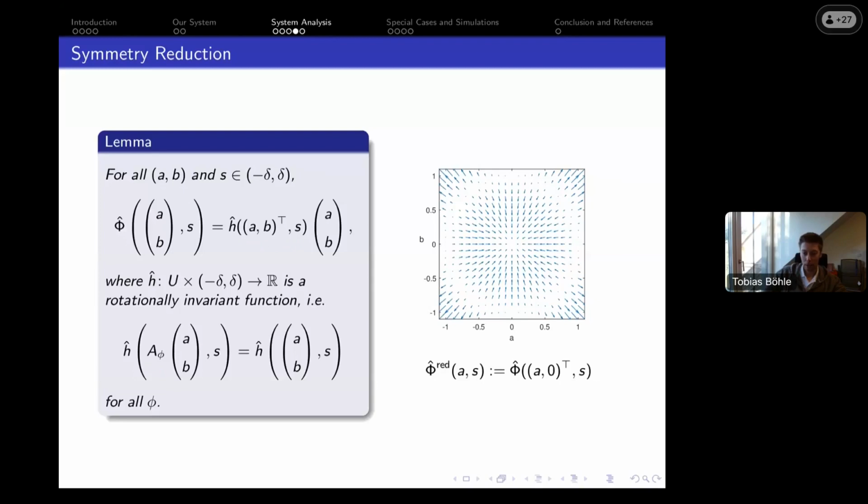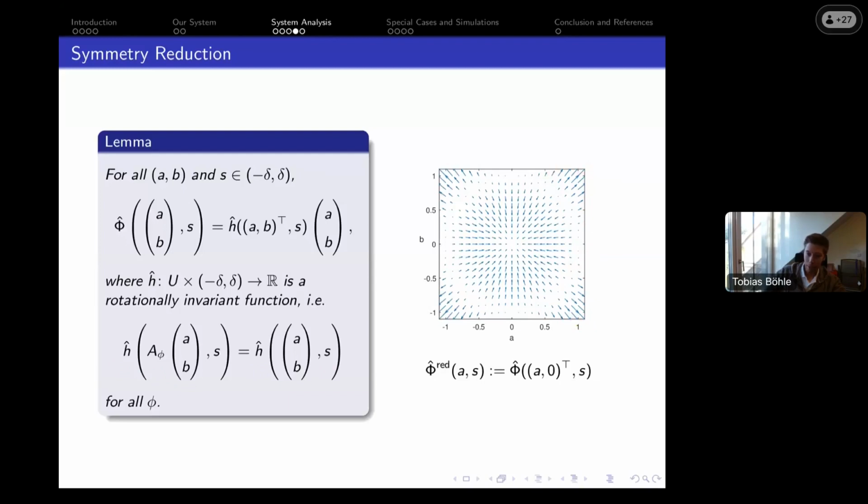And if you take in vector AB and then rotate it by an angle phi and then apply h hat to it, it is the same as if you directly apply h hat to the vector AB. That basically means rotationally invariant. And so this lemma says that the function phi hat looks somehow as in this figure here.